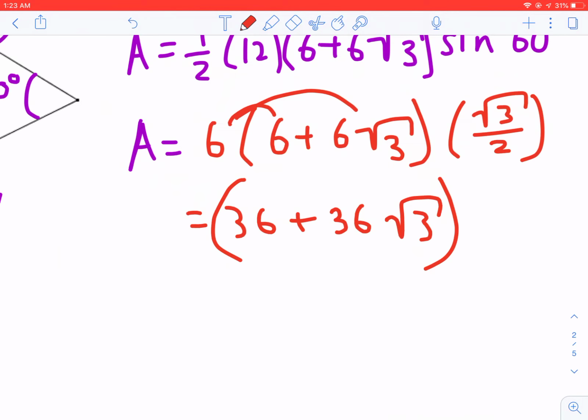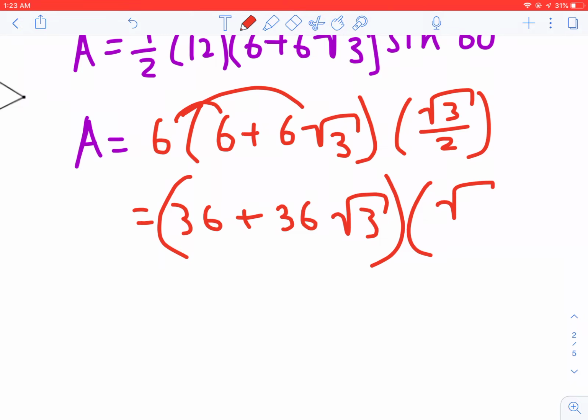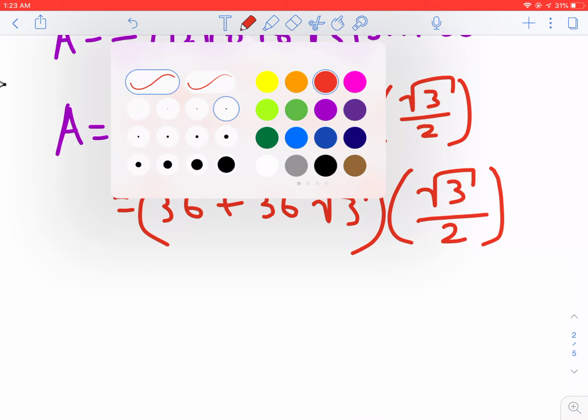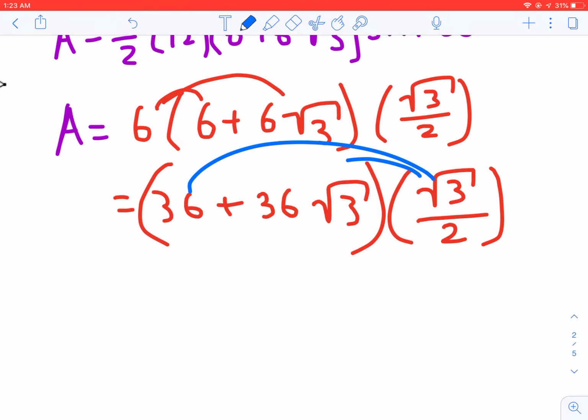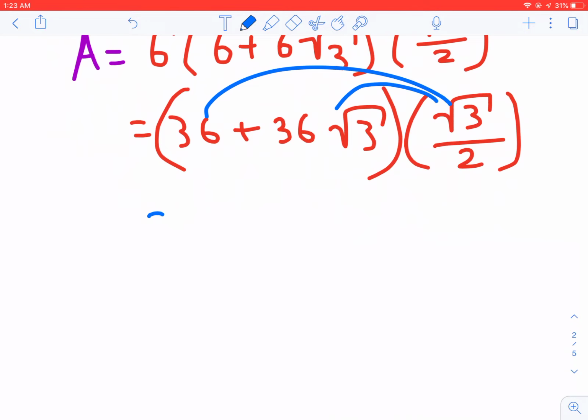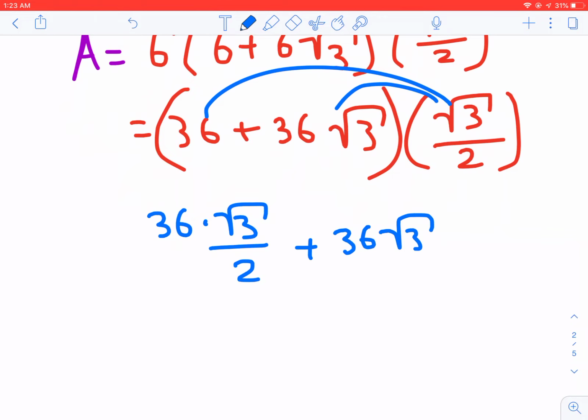Still need a parentheses because all of that's still being multiplied by radical 3 over 2. So now if I distribute this, I'm just going to rewrite it out first. 36 times rad 3 over 2 plus 36 radical 3 times radical 3 over 2.